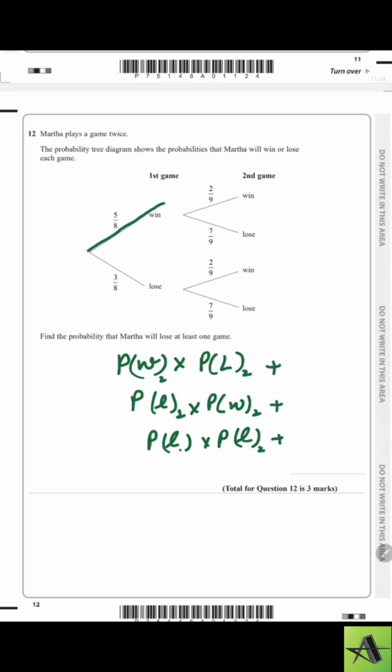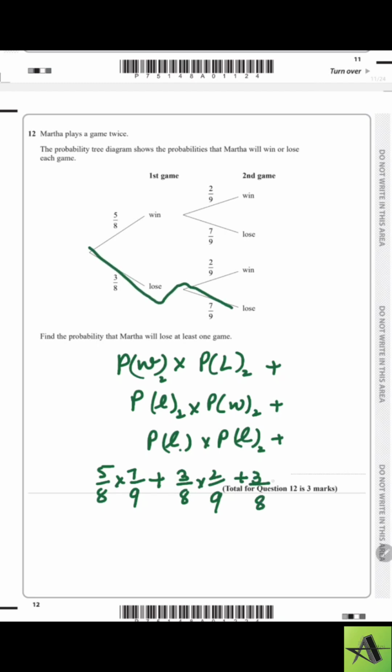Winning the first one and losing the second one, that means 5/8 times 7/9, plus losing the first game and winning the second game, which is 3/8 times 2/9, plus losing both the games, that means 3/8 and 7/9.